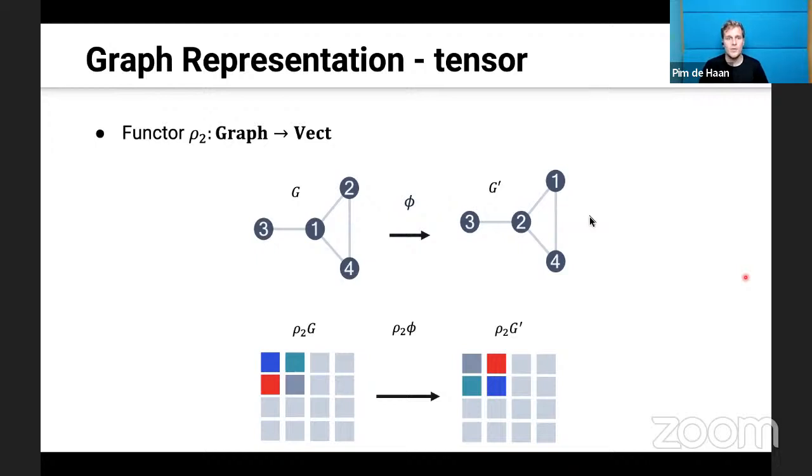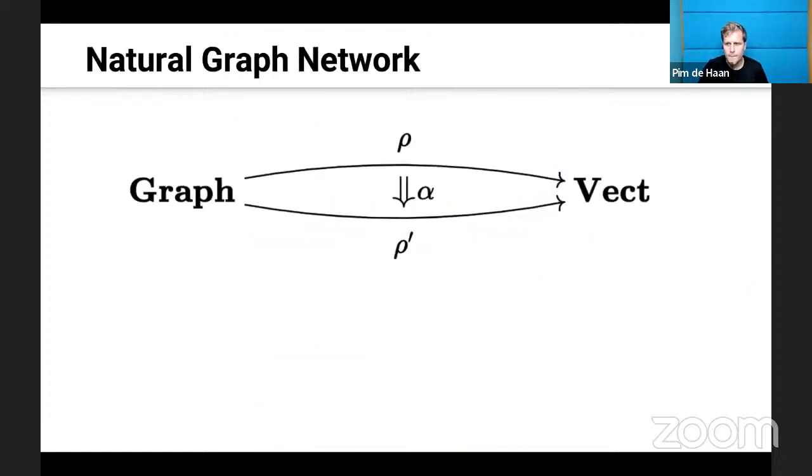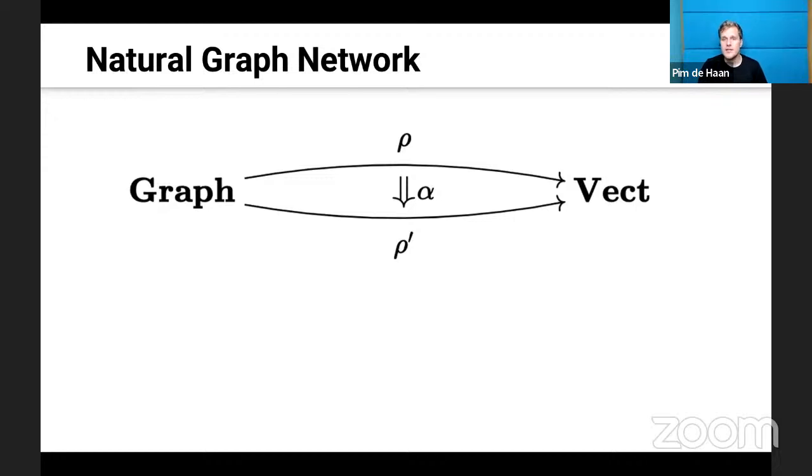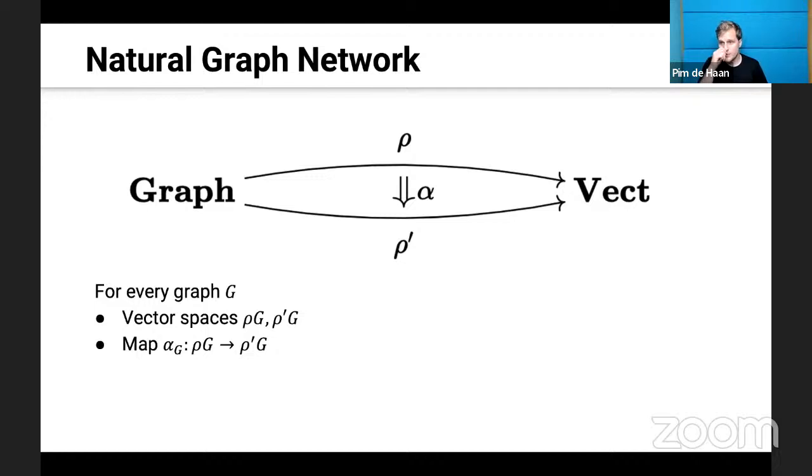So now we can simply say that a natural graph network, given 2 representations of the graph groupoid, is a natural transformation between the 2 functors.